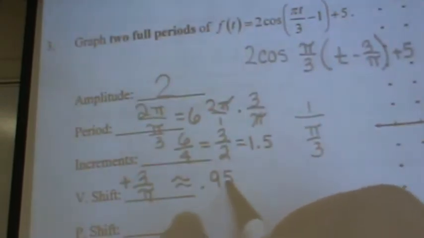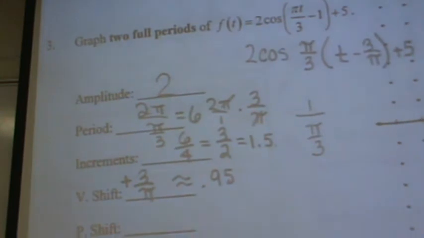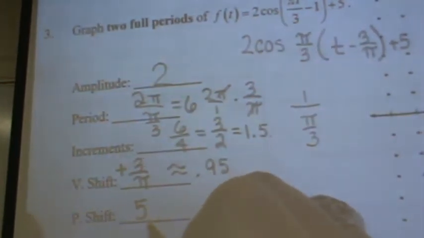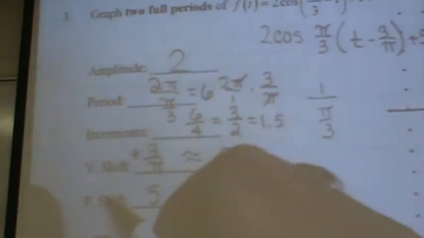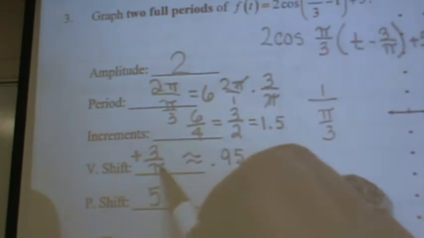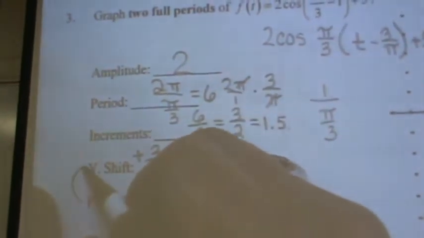You're gonna start here, but you're gonna add increments of 1.5. And your phase shift is 5 up. Or not phase, oh, I did this up, I did this the other way. Vertical shift is up 5, and phase shift, this should be here. It's okay. Just do an arrow like that.